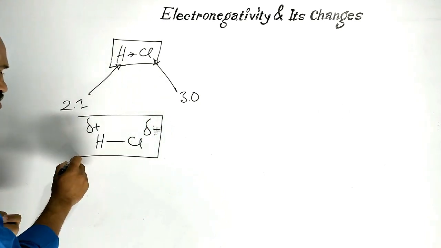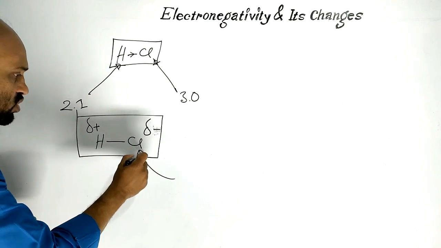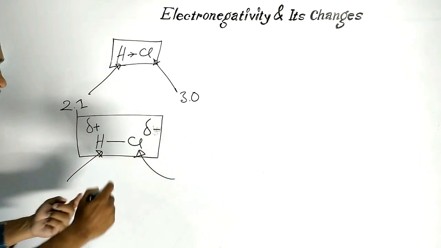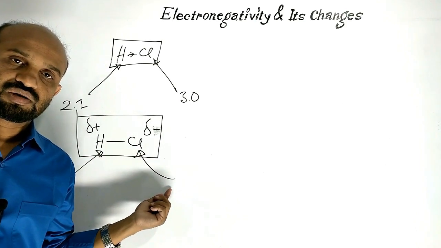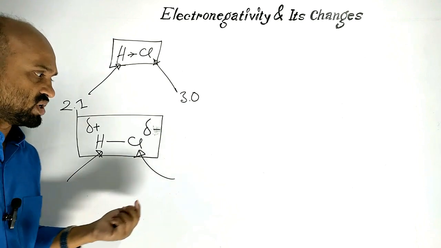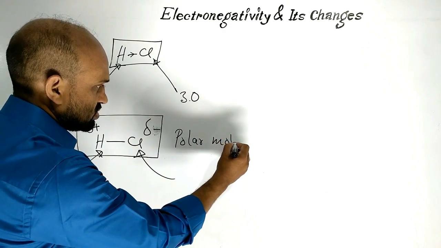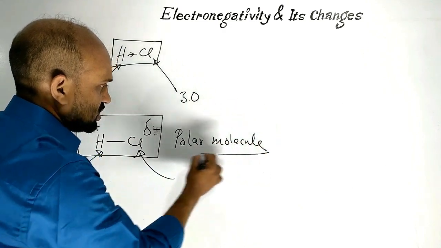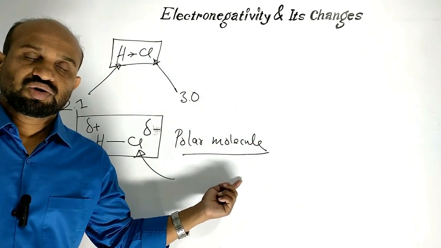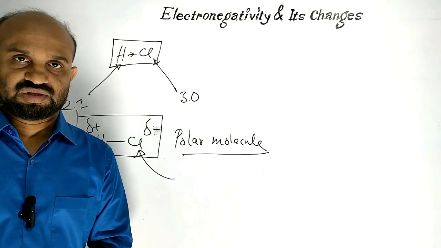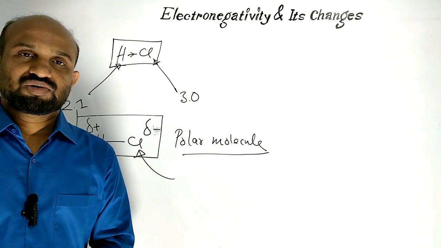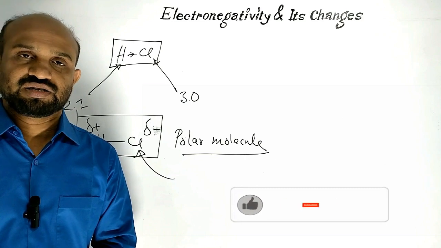And it has two poles, a negative pole and a positive pole. A molecule with two poles. That is why it's a kind of polar molecule. A polar molecule because of the electronegativity difference. This is all about electronegativity and its changes.